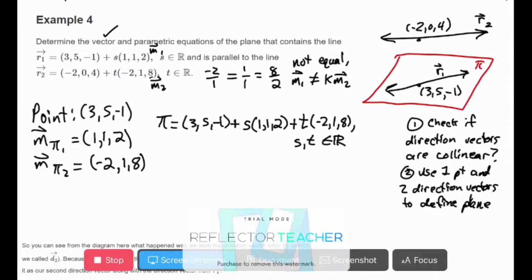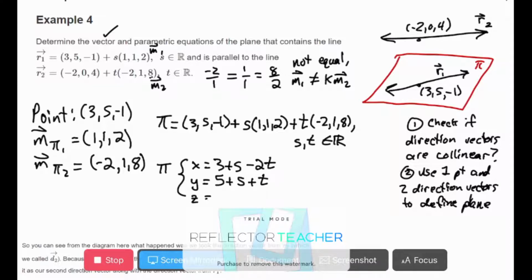And to finish up, we just have to convert from vector form to parametric form, which is not too bad. We've done this a number of times. It's very similar to what we saw with lines. So my x component, x is equal to 3 plus s minus 2t. y is equal to 5 plus s plus t.